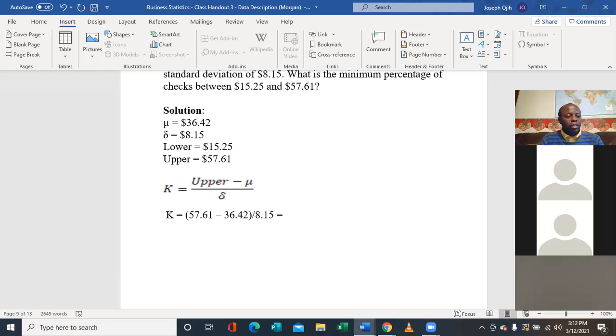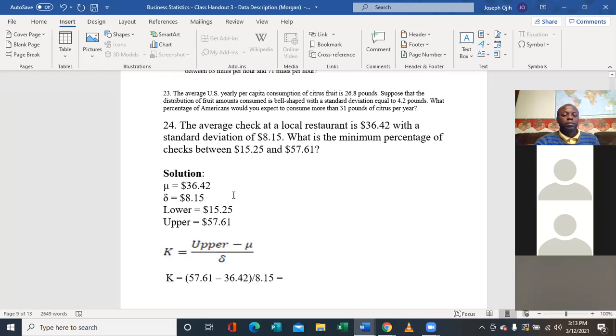So let me write it down in decimals. I got 57.61 minus 36.42 divided by 8.15. So let's do it on decimals so you can see, the free calculator.